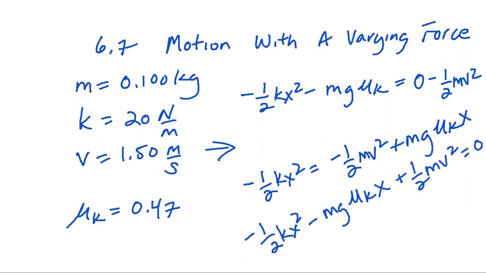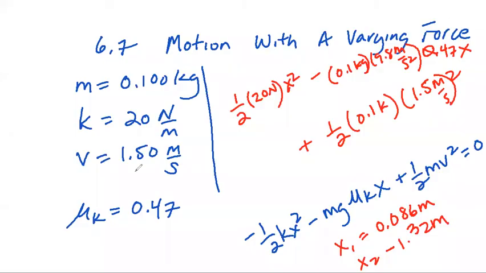Okay, let me clear off some space. Now I've rearranged my equation, and the displacement is our variable. It's a quadratic formula, and I filled it out here. This is 0.47.